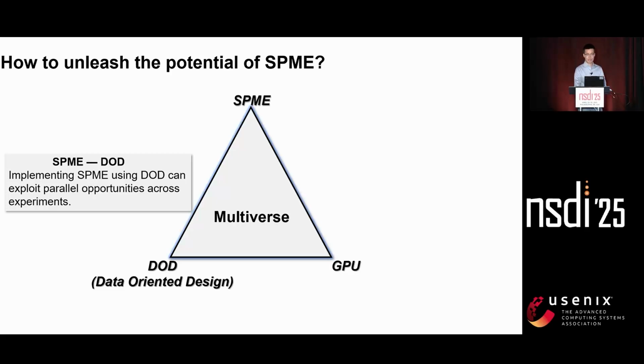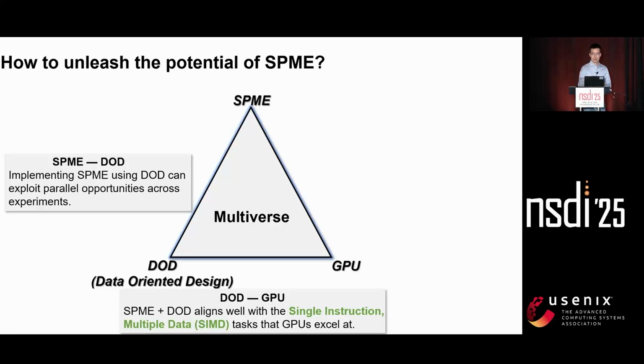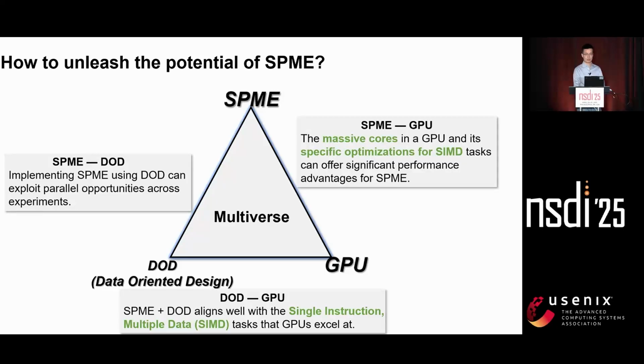Second, the SPME and DoD execution model aligns perfectly with the GPU's SIMD, single instruction multiple data, capabilities. Third, the GPU's massive cores and SIMD optimizations offer a significant performance advantage for SPME.